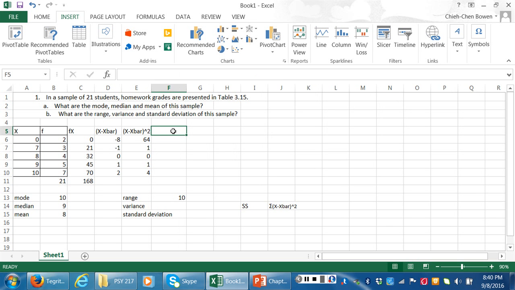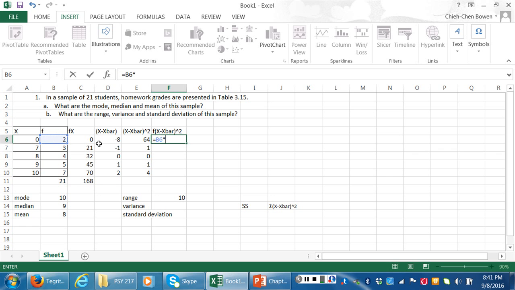The next operation is frequency times x minus x bar squared. This is a multiplication, and this is the x minus x bar squared column, and f is right here, that is the frequency.